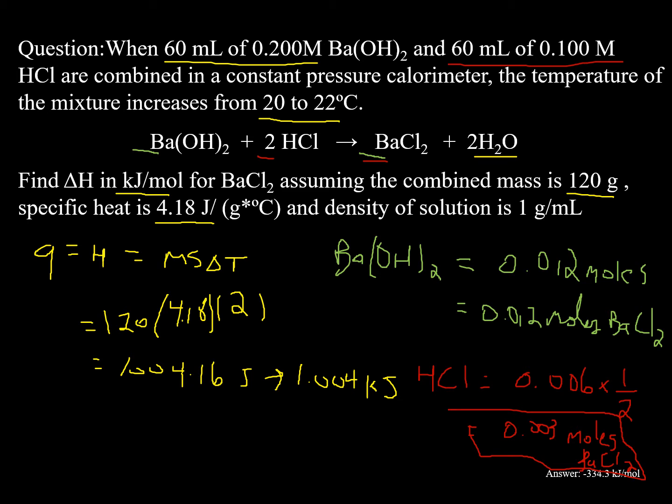The answer would be 1.004 kilojoules divided by 0.003 moles of BaCl2, and we get here negative 334.3 kilojoules per mole. Exothermic heat will be released when a strong acid and a strong base come together.